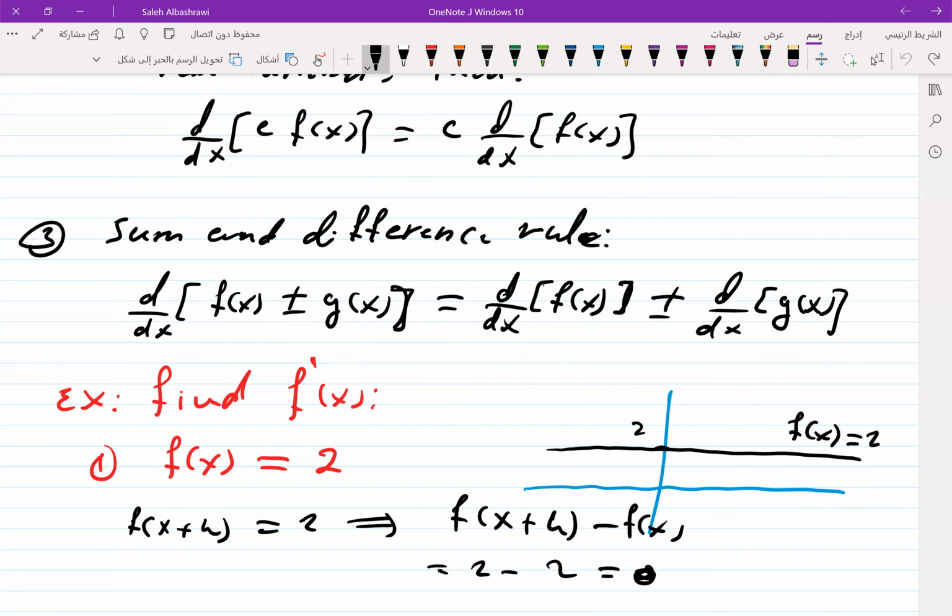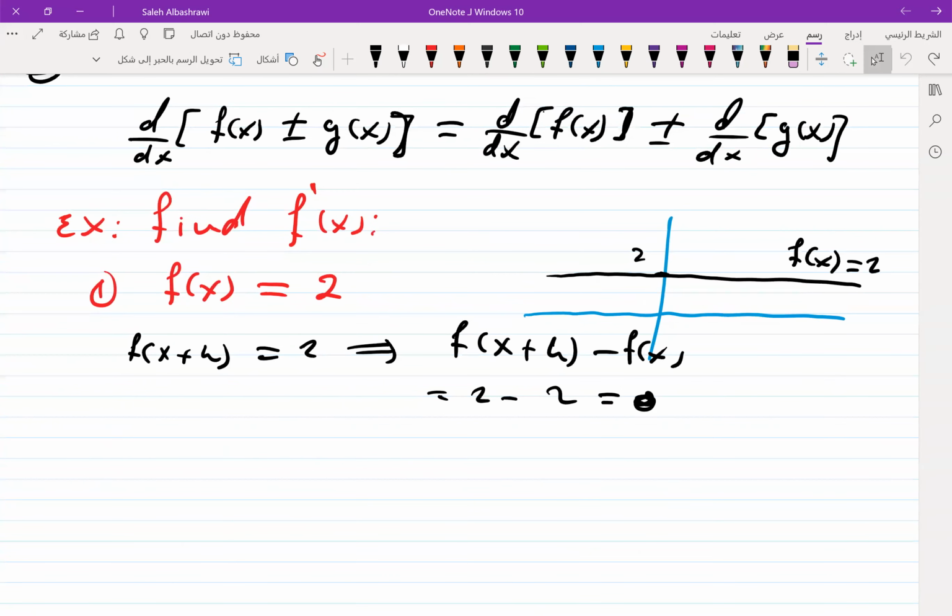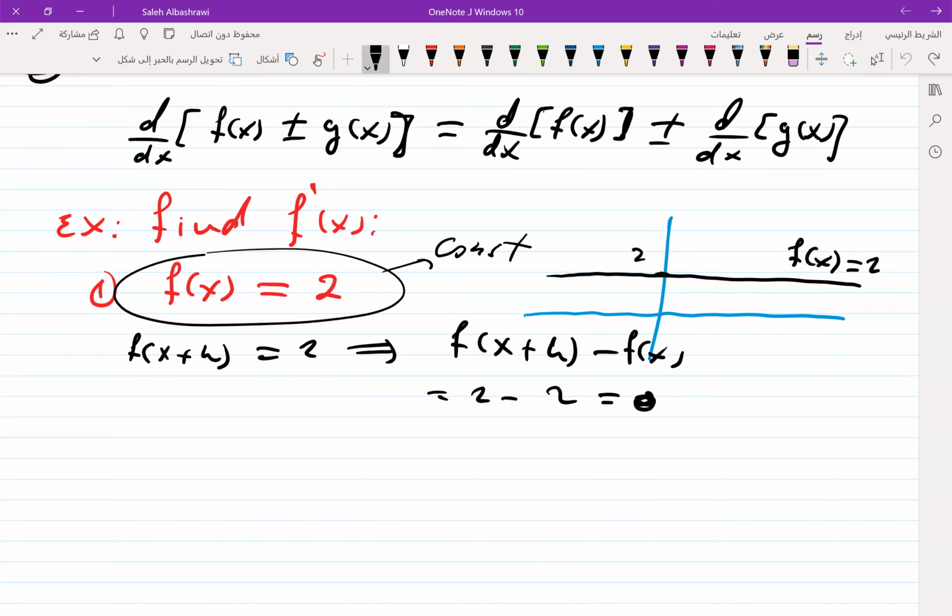For any constant function, the derivative f prime of x will be 0. So the derivative of a constant function is equal to 0. We have to keep this in our mind. The derivative of a constant function is equal to 0 for any real number.